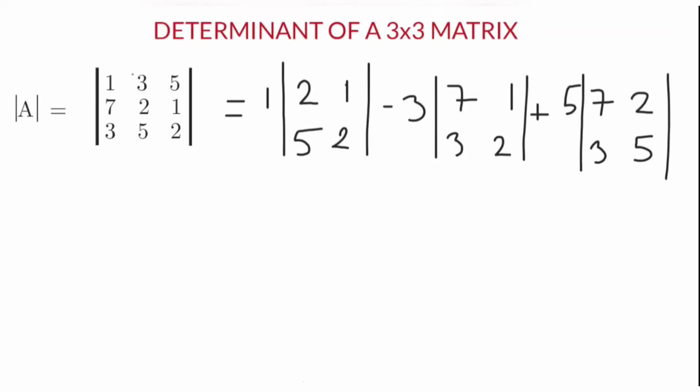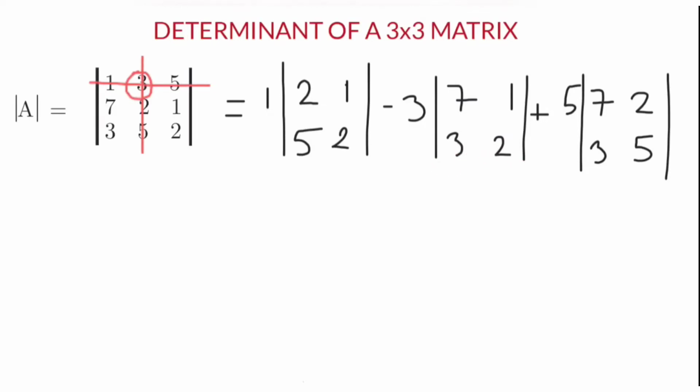So for this element, we cancelled out this first row and this second column because it lies in the first row and second column, and the remaining elements are 7 1 3 and 2. These remaining elements make up this determinant of order 2, 7 1 3 and 2.